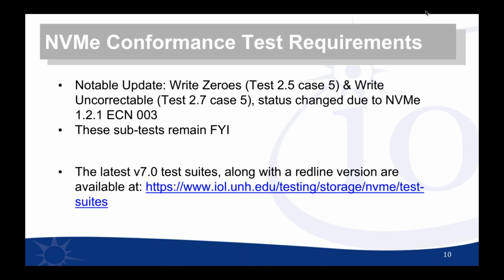We've made the update to the test, but that happened between Plugfest number 6 and today, so those subtests are going to remain FYI. That illustrates that the Interop and Compliance Committee doesn't move things to mandatory without serious thought.